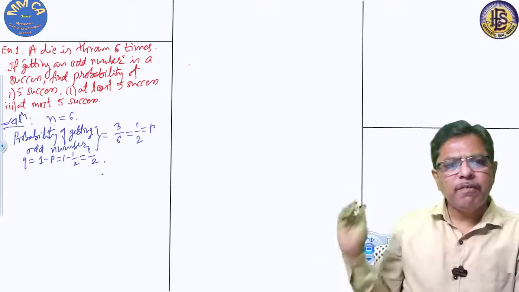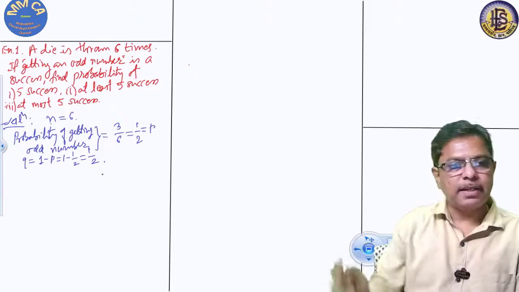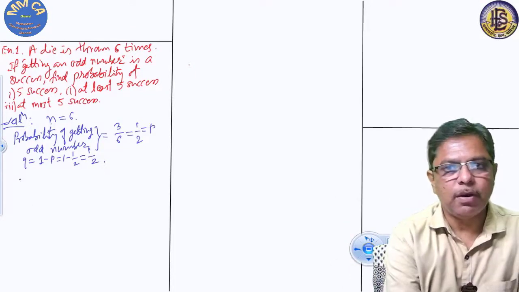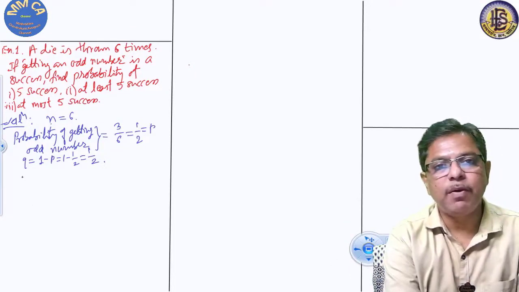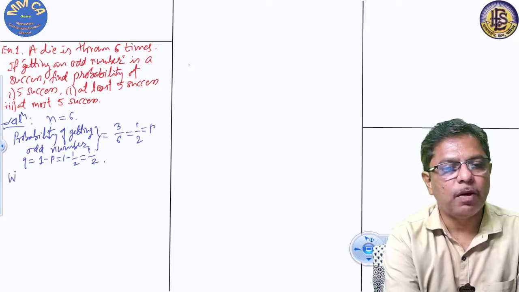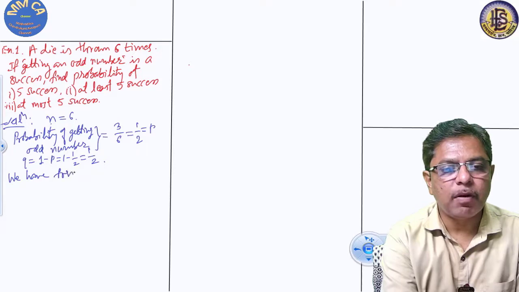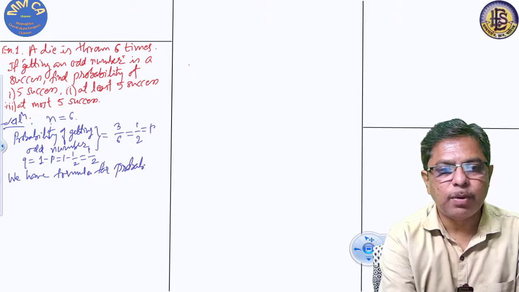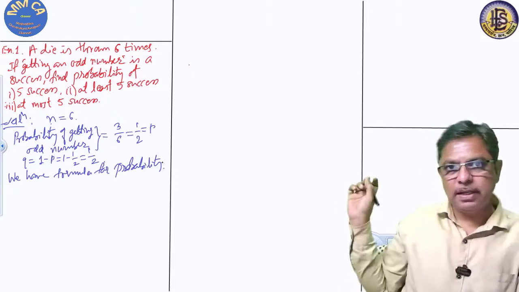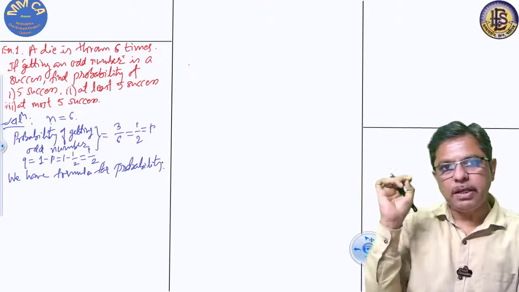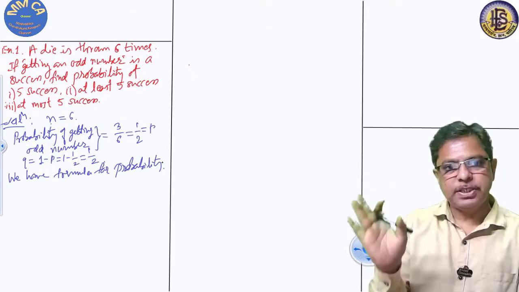If we know the value of x, we can calculate the probability for that x. We have a formula for probability. This probability is different from p, because p gives the probability of success when we throw the die once, which is 1/2.